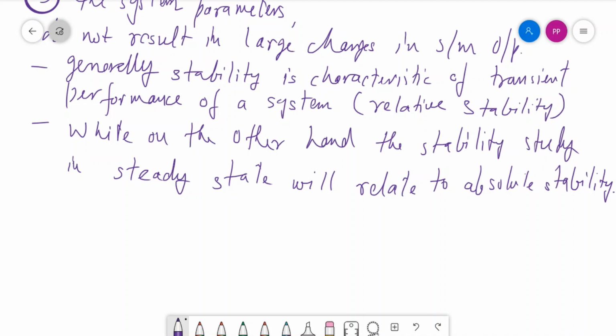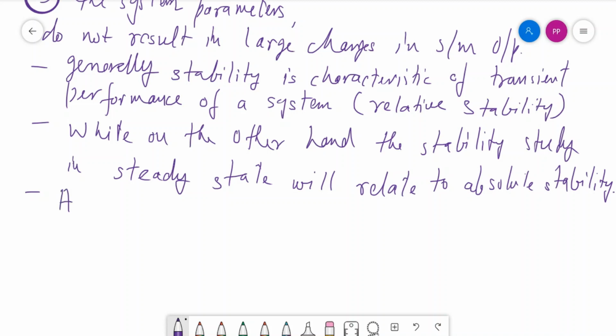So we can take a closed loop control system that performs stably with specified boundaries of parameter variations. So that is the requirement, because whenever we are declaring about the stability of the system, we are very much concerned about certain parameters of the system. So the stability of the system is always verified in terms of certain parameters.